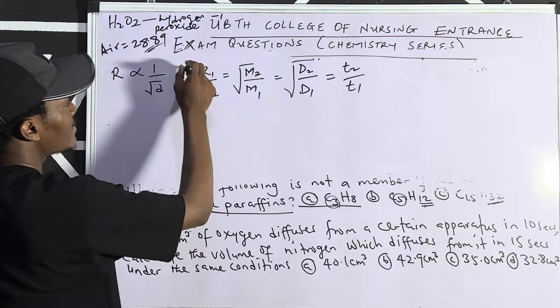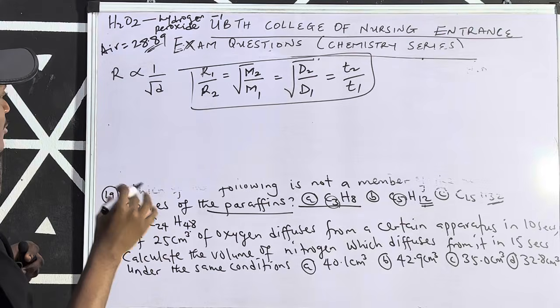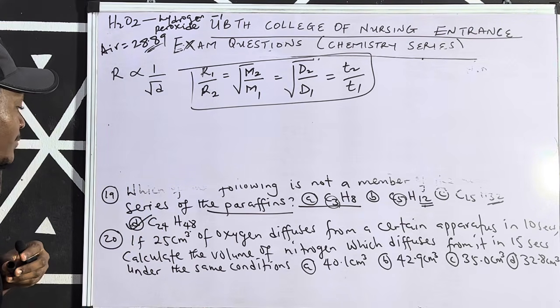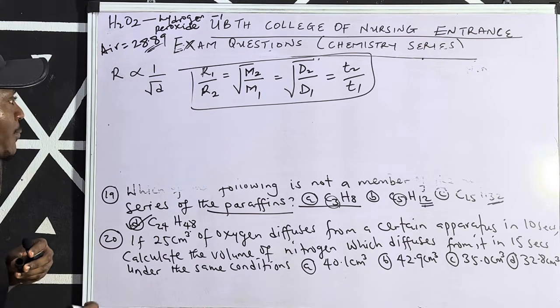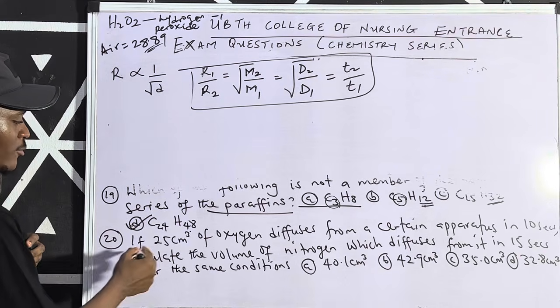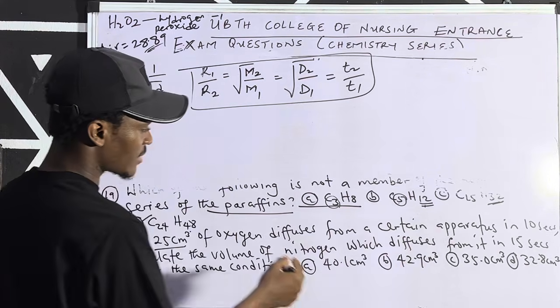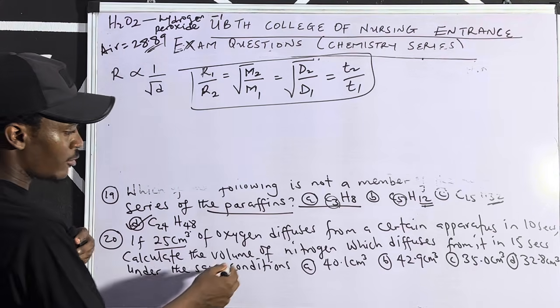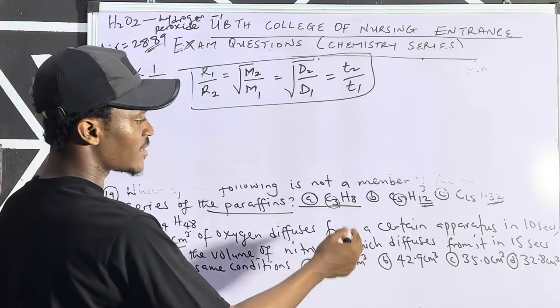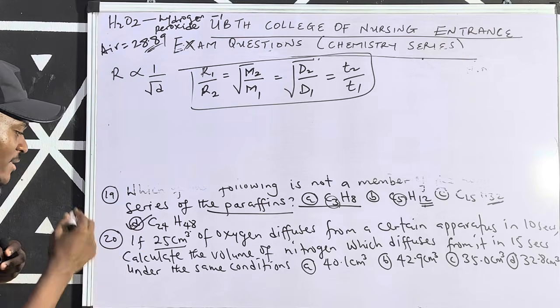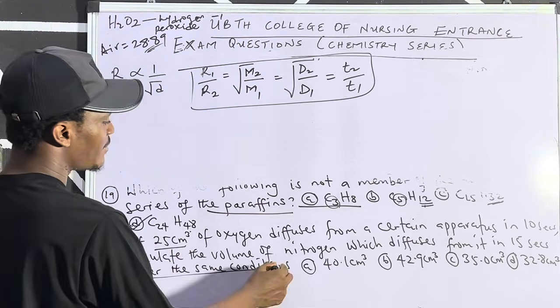So all these represent the formula for Graham's law of diffusion. All right. So let's see how we can go about this question. If 25 cm cube of oxygen diffuses from a certain apparatus in 10 seconds, calculate the volume of nitrogen which diffuses from it in 15 seconds under the same conditions.